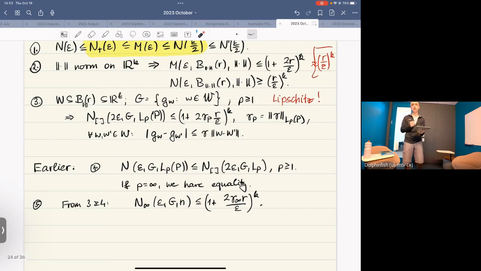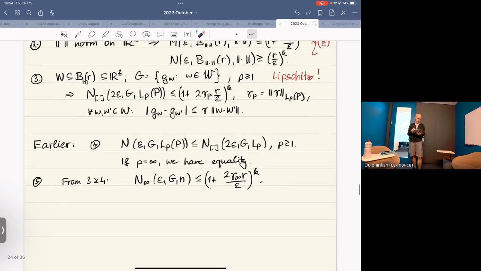That's the usual definition of Lipschitzness, by the way. And so that just repeats the same business with the Lipschitz constants for the L infinity case.